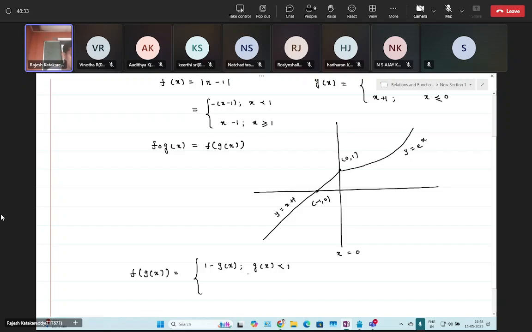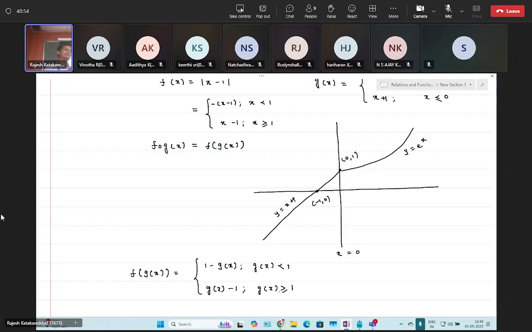Wherever there is x, I wrote g of x. Now, g of x minus 1 when g of x is greater than or equal to 1. This function depends on these inequalities. When is g of x less than 1? When is g of x greater than 1?